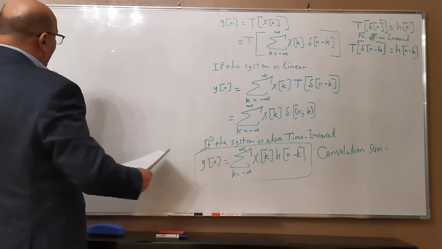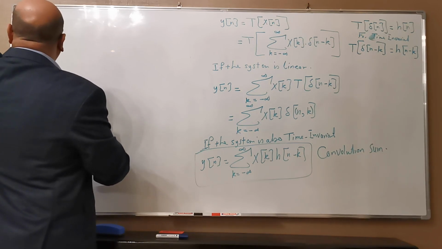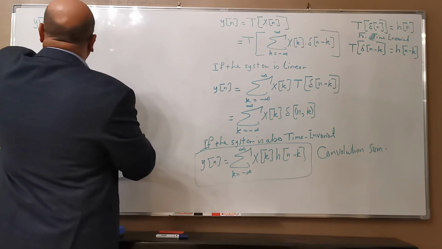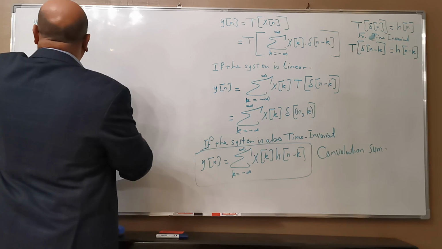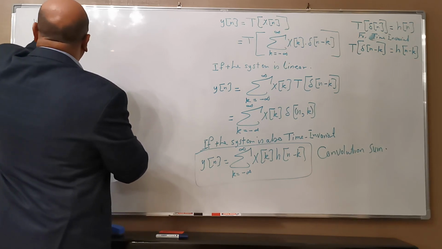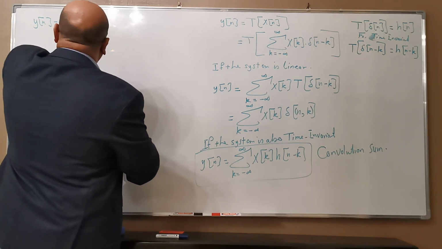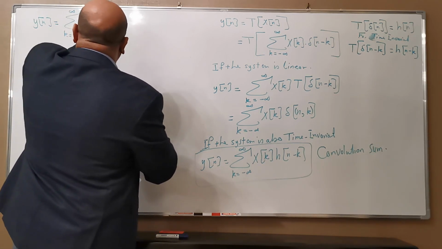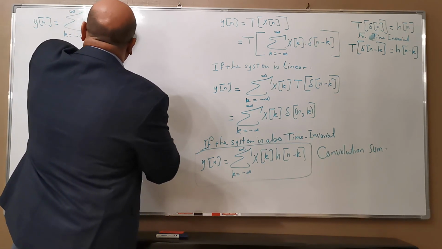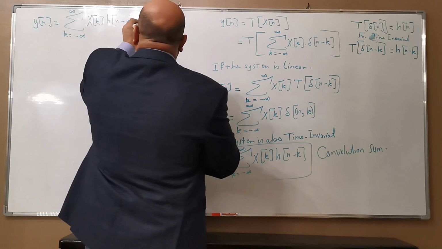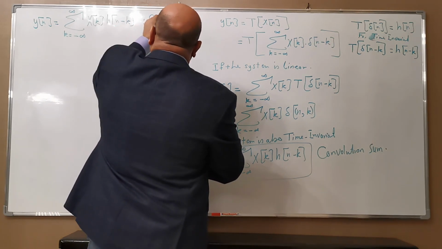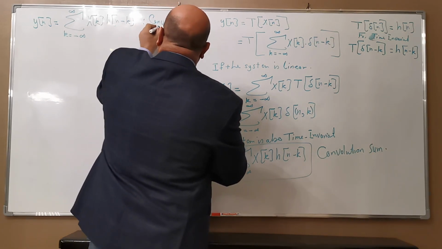So let's rewrite this equation again. y of n is equal to the summation from k equals minus infinity to infinity of x of k times h of n minus k. And we said that this is the convolution sum.